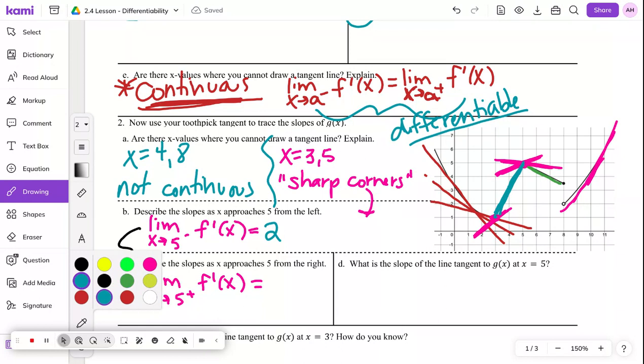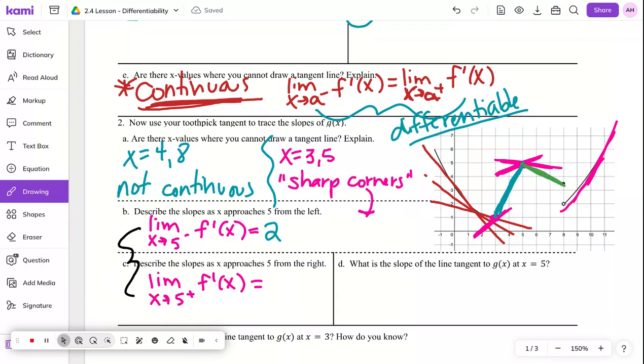And when I approach the x value of 5 from the right, this slope right here, on this little green line, is actually a slope of -0.5. So what can we say? Well, what's the slope of the line tangent to g at x equals 5? I don't know. Those two things aren't the same. Just like with y values, if the y values weren't the same, we said the limit didn't exist. Same idea here.